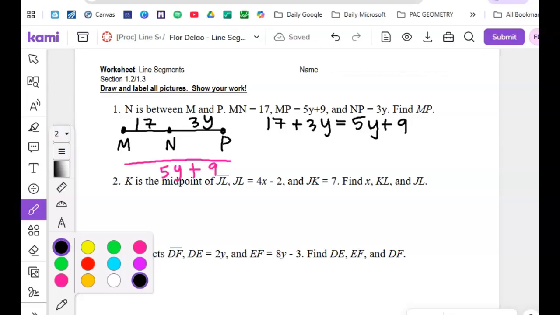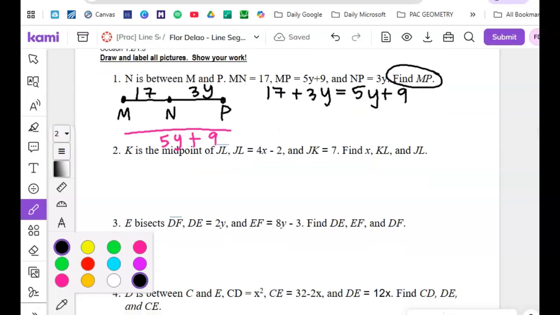Alright, you see what we did there? We used line segment addition. The parts equal the total length of the segment. You would solve for y, and then after you solve for y, plug it in to find what?